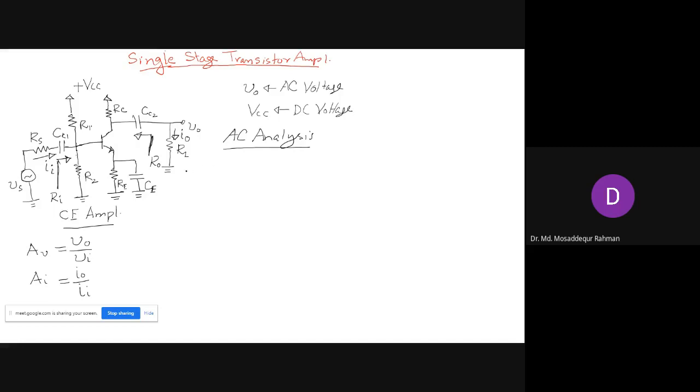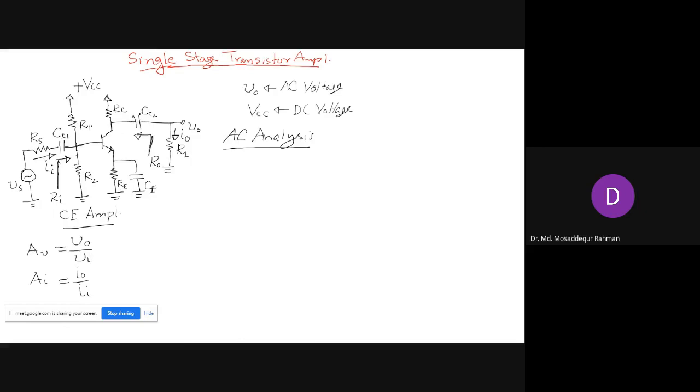How to do the DC analysis? We have already shown in the last class, designing the biasing circuit, which involves only DC quantities. For DC quantities, the capacitors are open circuit.